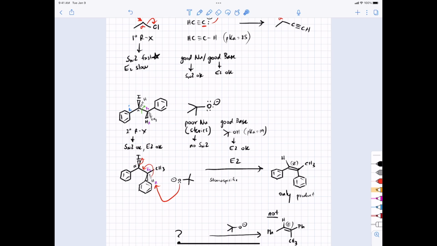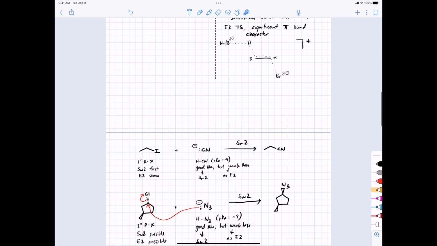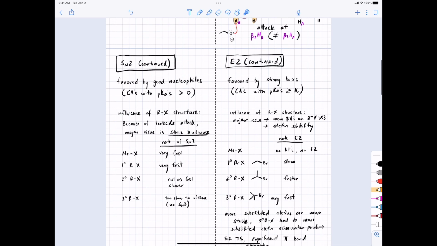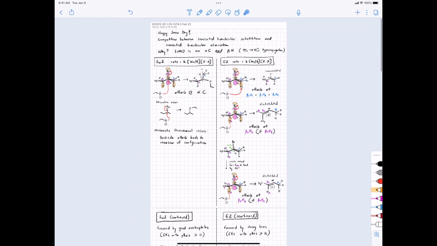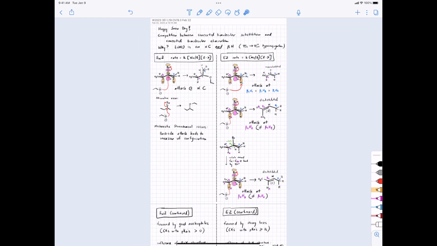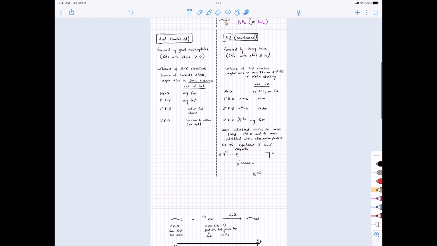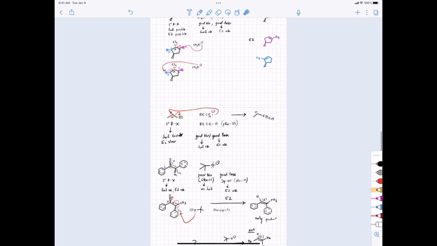Okay, so in the time that we have left today, so far we've considered the concerted versions of these reactions where you have a good nucleophile or a good base that don't want to wait around and instead do the attacking of the alpha carbon or the beta proton to give you substitution or elimination products.